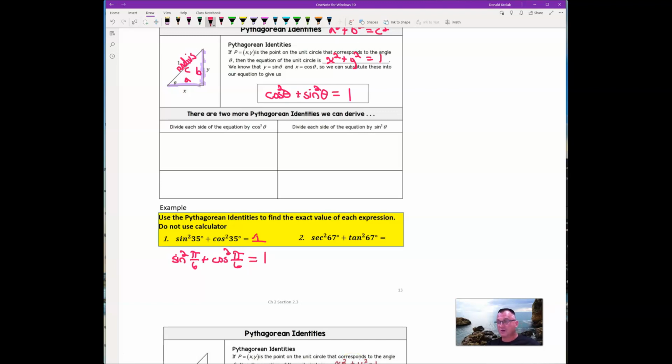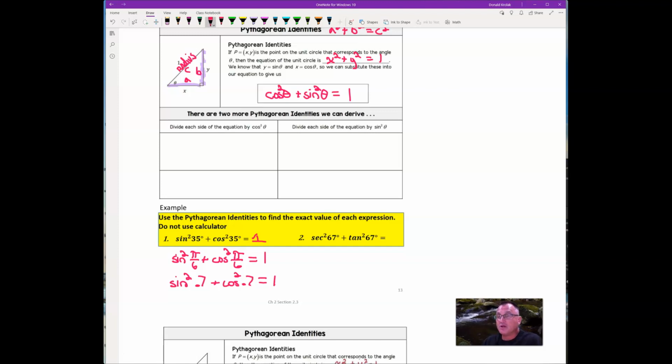If it was a radian without pi in it, so if I said the sine squared of the square root of 0.7 plus the cosine squared of 7/10 of a radian, that's always going to equal 1. That's what the Pythagorean theorem is saying, or the Pythagorean identity.